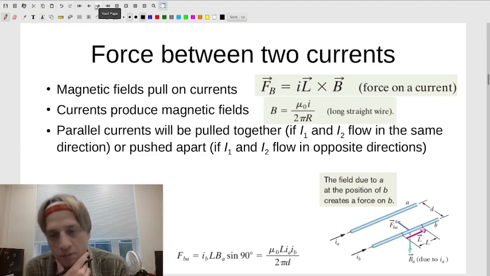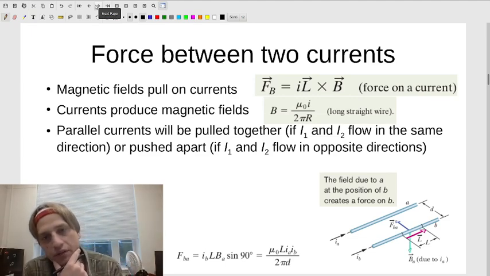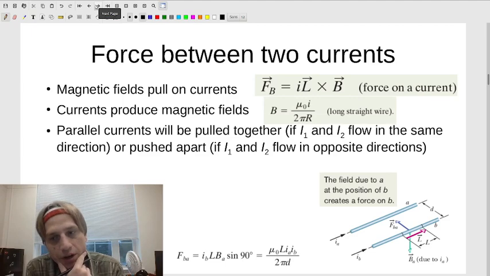Now, something that's sort of implicit in everything we've said so far, but I don't think I've said it explicitly in any of these videos, is that if you have two currents, they can effectively pull on each other.